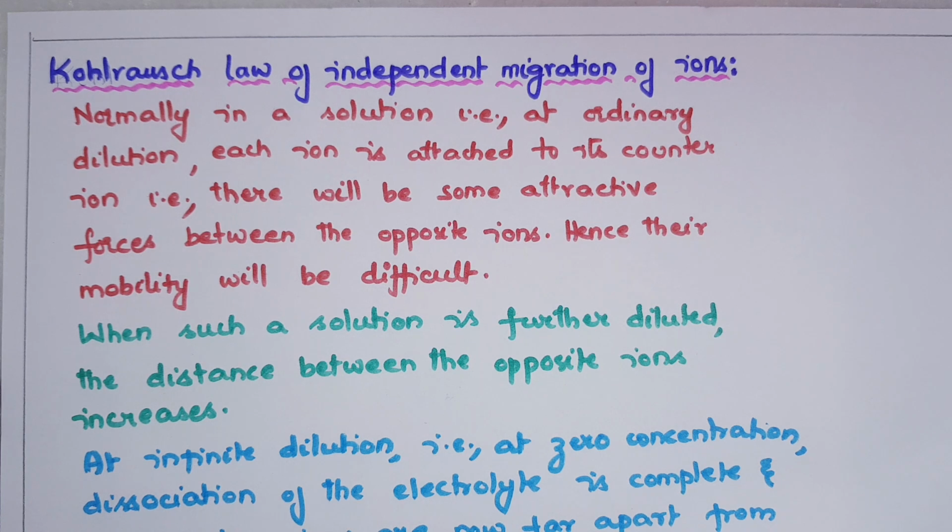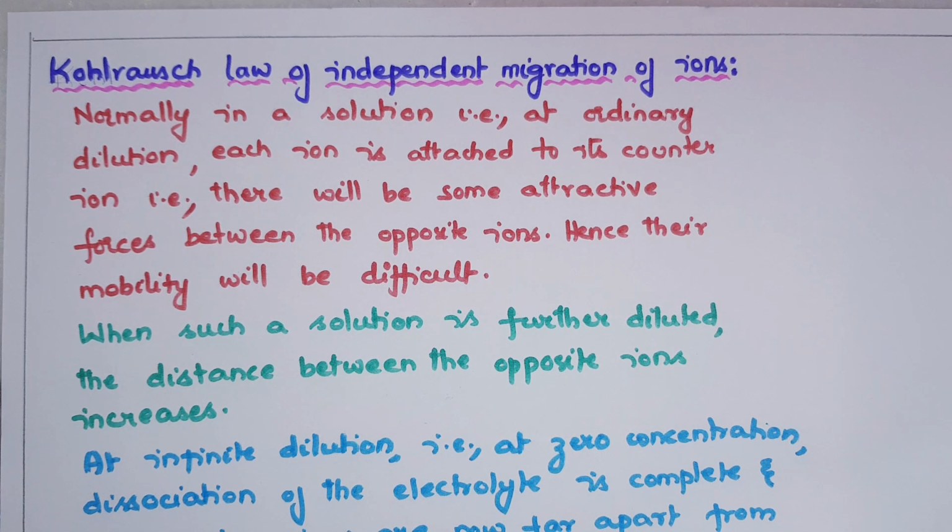Each ion means positive to negative or negative to positive. What does it mean? That means there will be some attractive forces between the opposite ions. Because of these attractions only, each ion will be attached to the opposite ion.